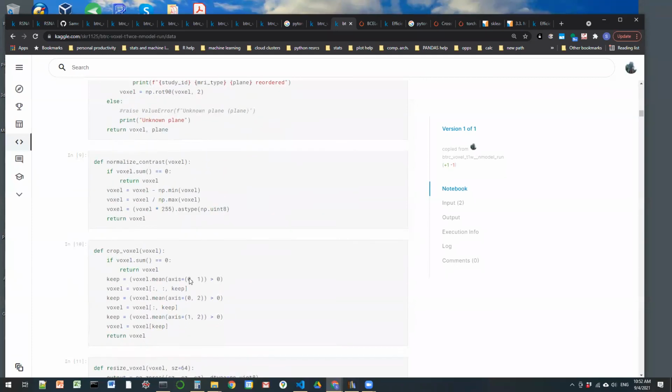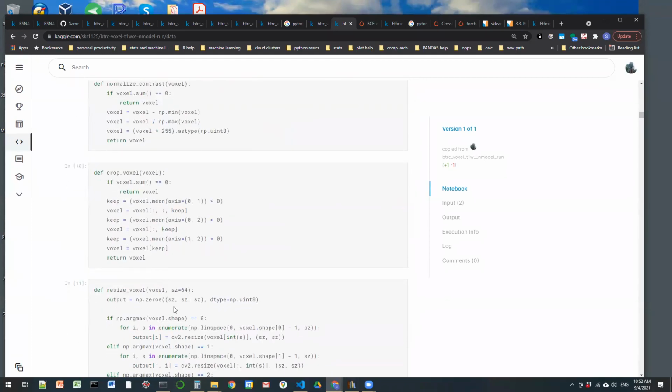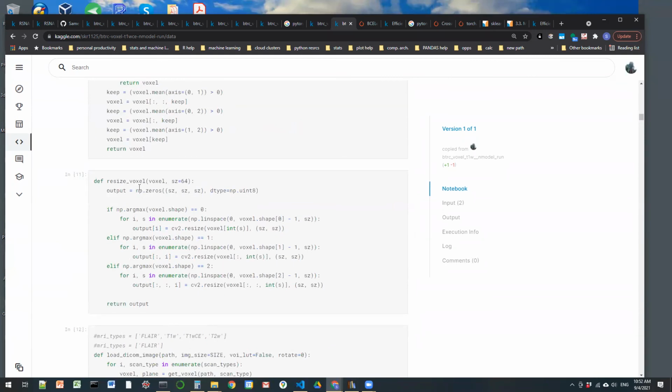And then, of course, he normalizes and crops. This is where I was telling you that he does the resizing based on whichever dimension has the most pixels, and he has a comment to that effect in the original notebook, I believe.